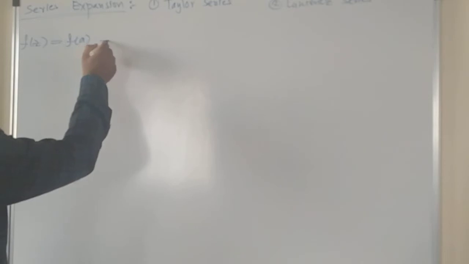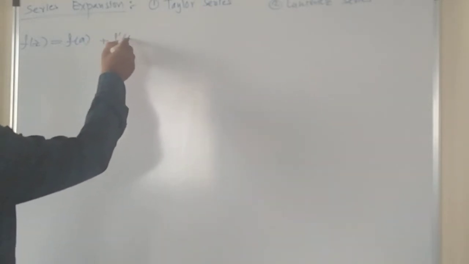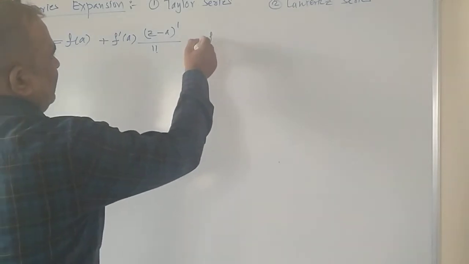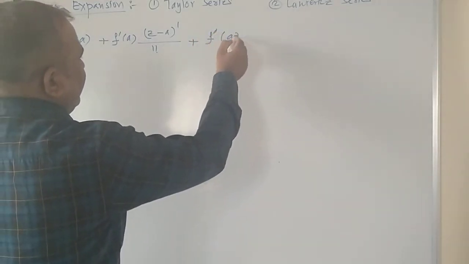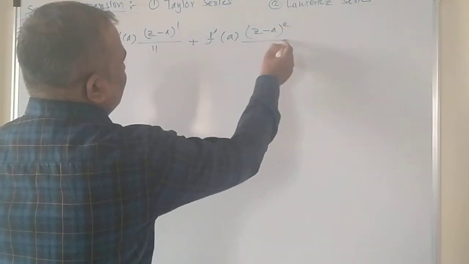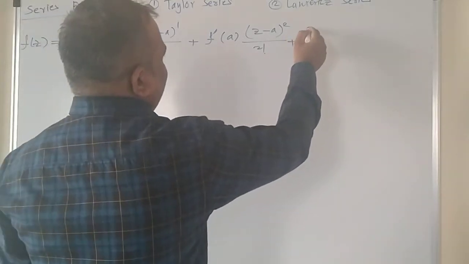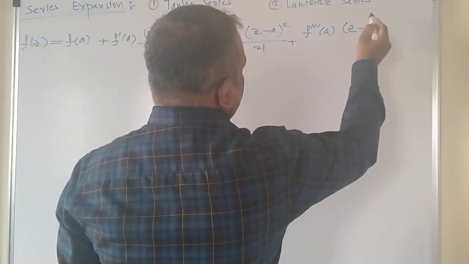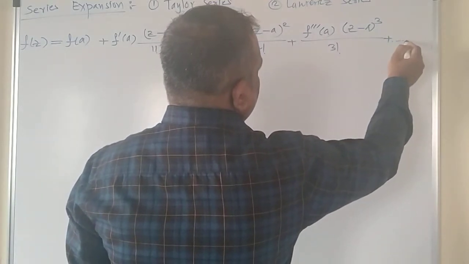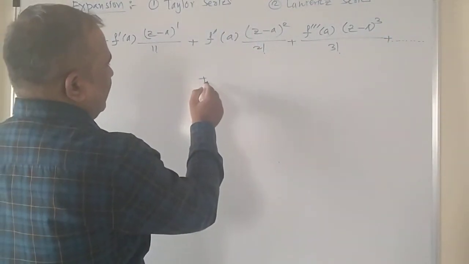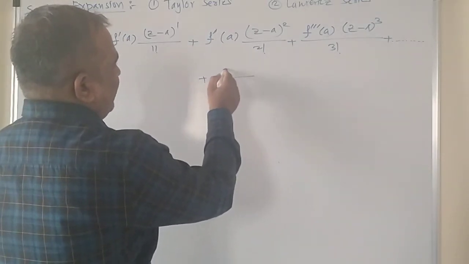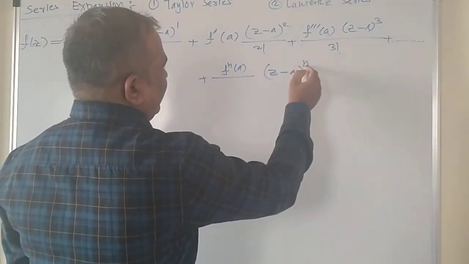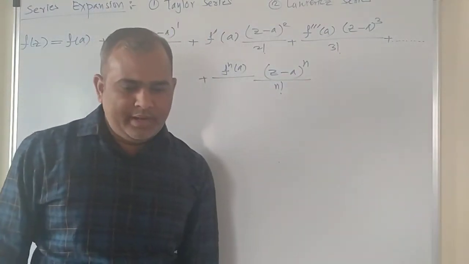So f of a plus f dash of a into z minus a raised to power 1 upon 1 factorial, plus the double derivative f double dash of a into z minus a raised to power 2 upon 2 factorial, plus f triple dash of a, that means the triple derivative of the function, into z minus a cube divided by 3 factorial, plus, in this way the series continues up to the nth term, and for the nth term you can write the nth derivative of the function into z minus a raised to power n divided by n factorial, right?